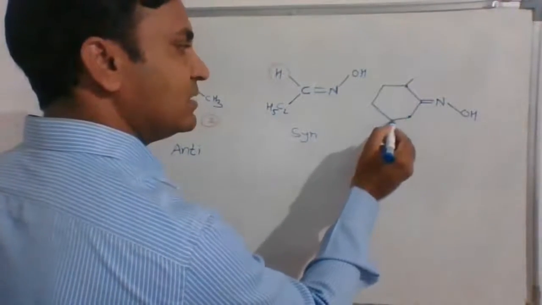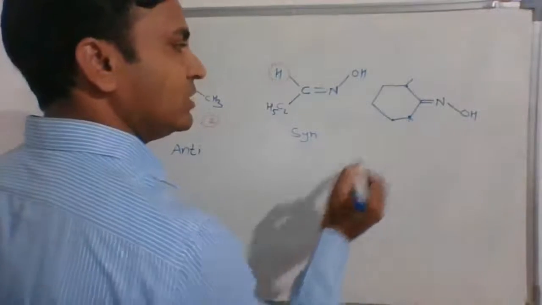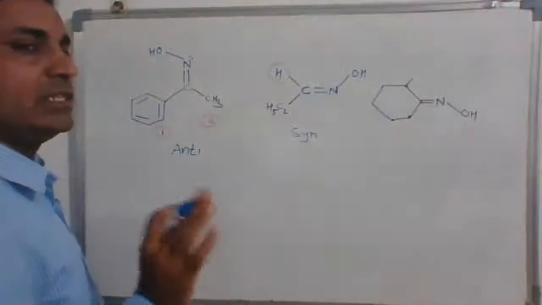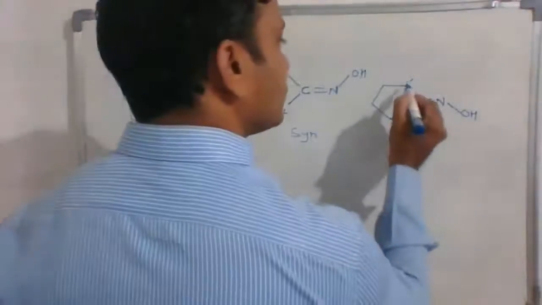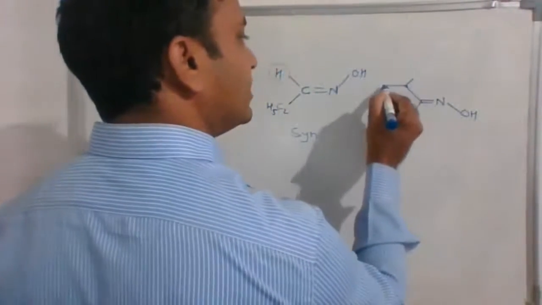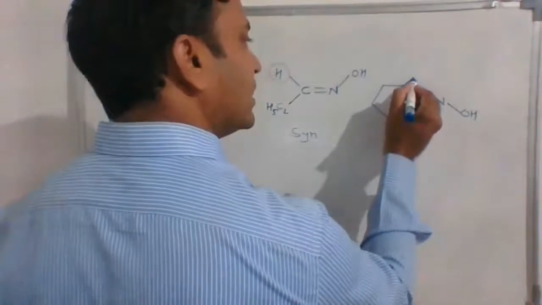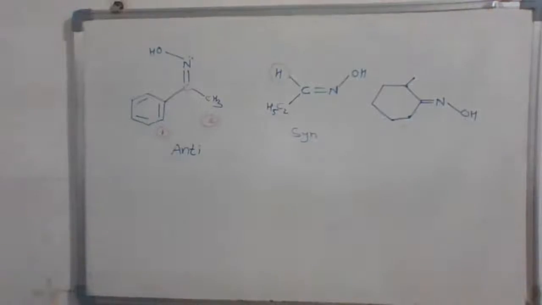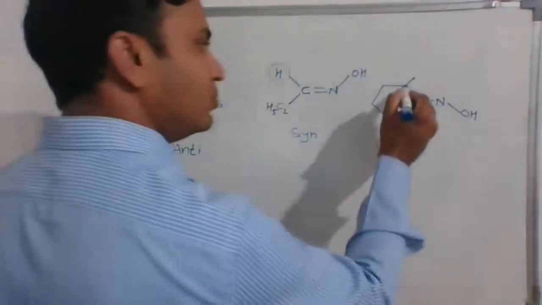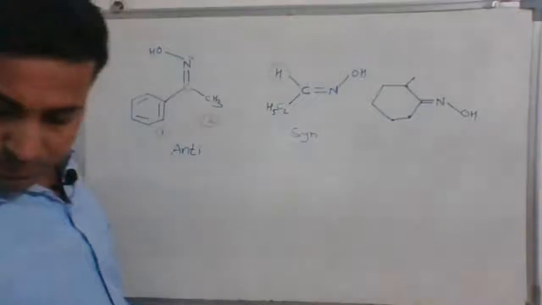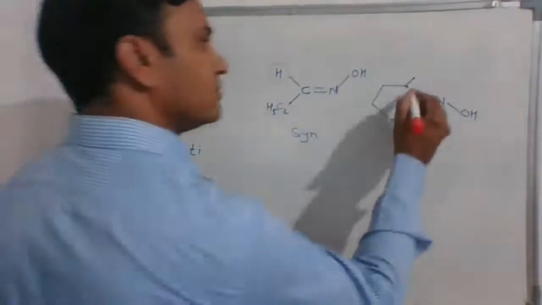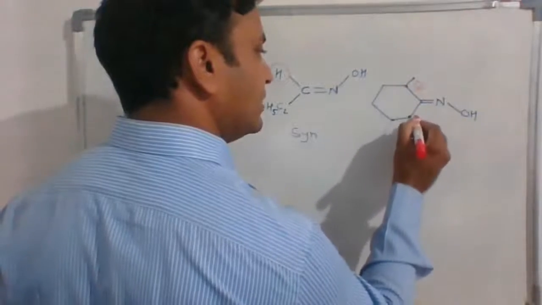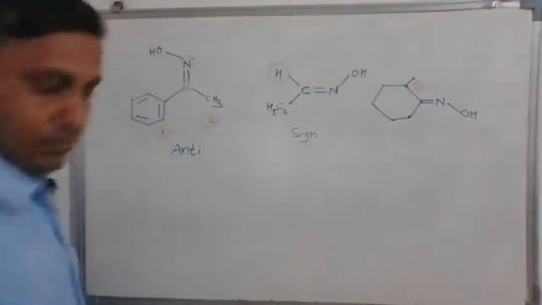So the next one is carbon and two hydrogens here, which are not shown, not needed to show. But here the next atom is carbon, another carbon and one hydrogen. So the higher priority will go to this side. So this side will get first priority, this side will get second priority.